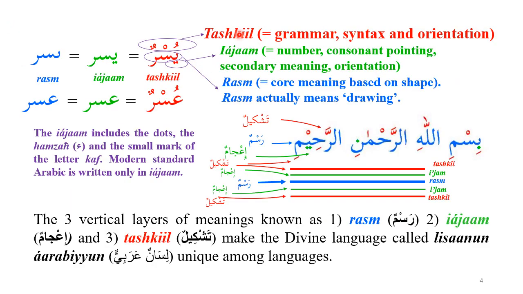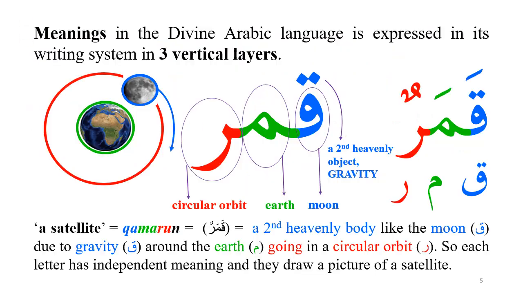So the tashkil denotes basically grammar, syntax, and orientation, and ijam, the dots and the hamza, give secondary meaning and consonant pointing, and rasam is the core meaning, right? As I have discussed before, first there is the rasam.